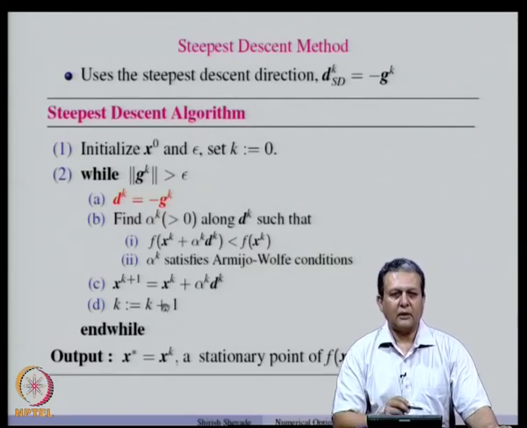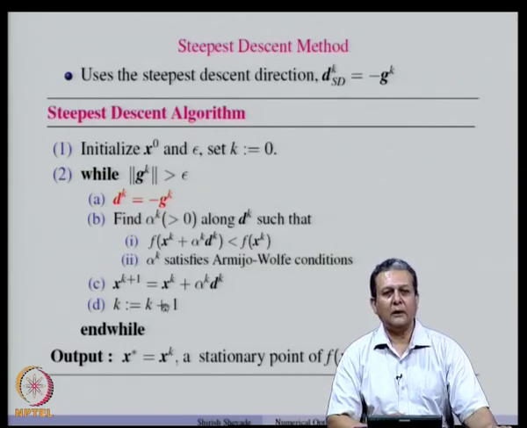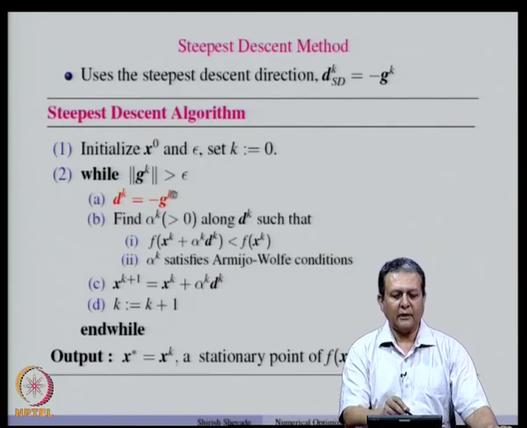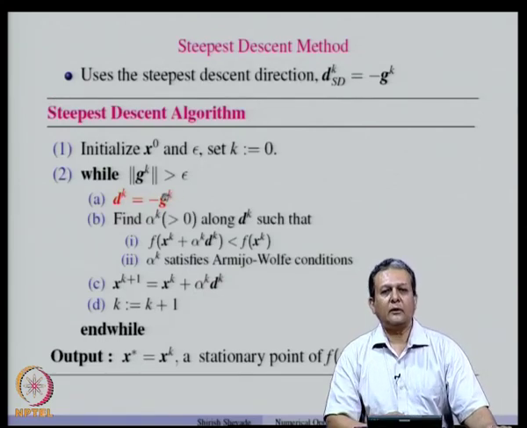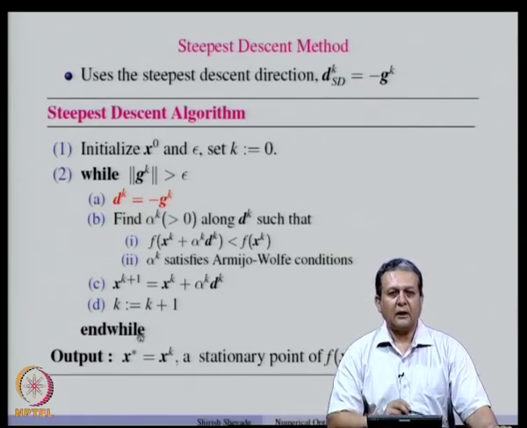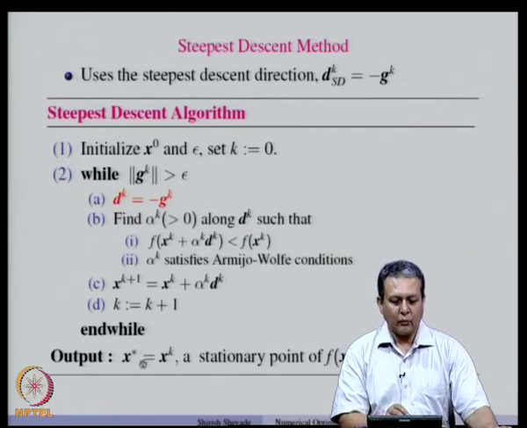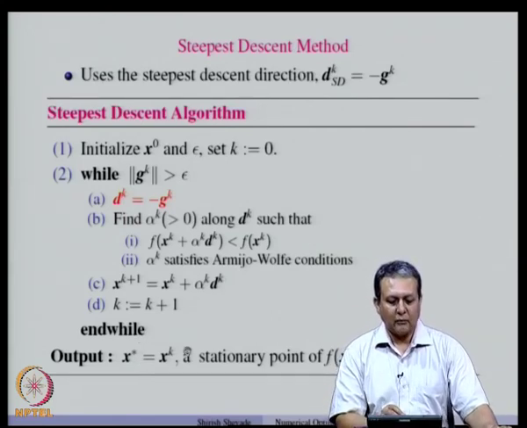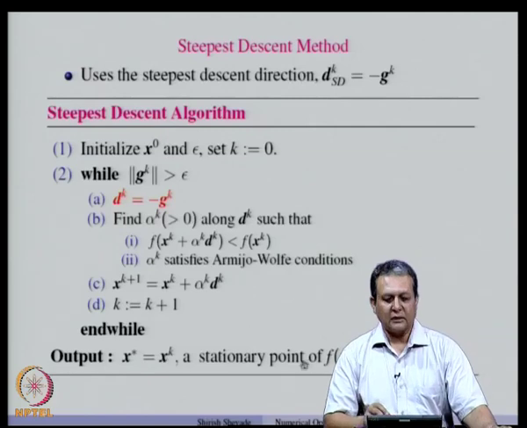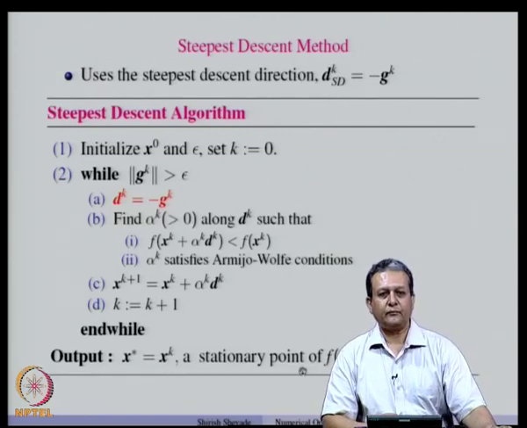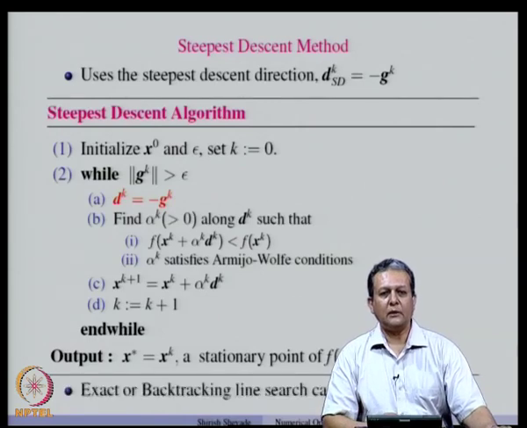The iteration counter is incremented by 1, and the whole procedure is repeated till the norm of the gradient at a given point xk is less than or equal to epsilon. At that point the algorithm stops, and as output we get x star, which is xk, a stationary point of f of x.